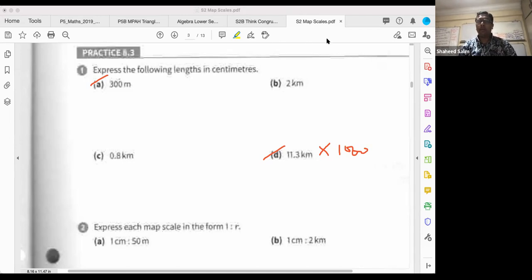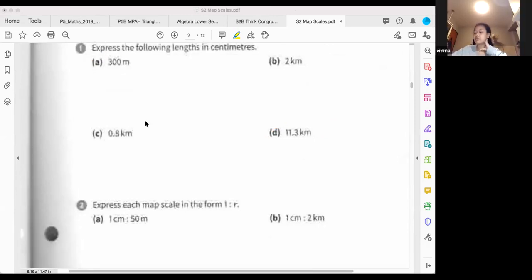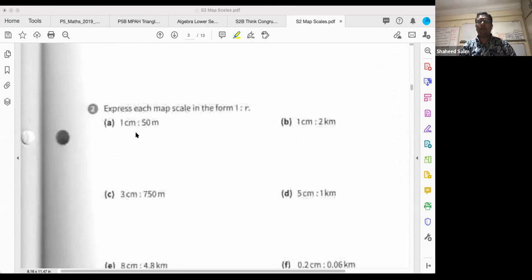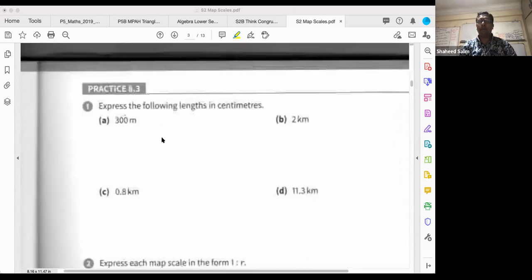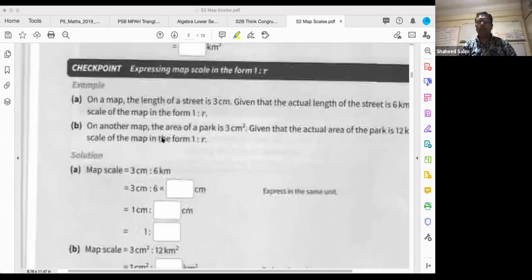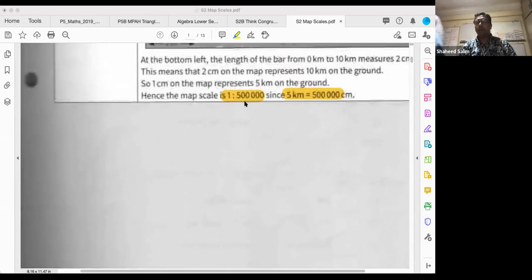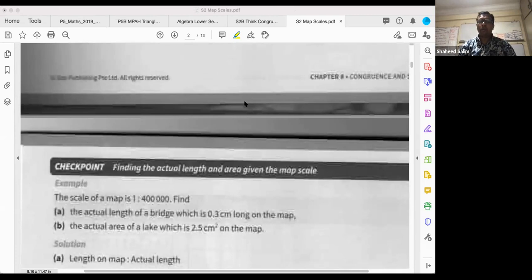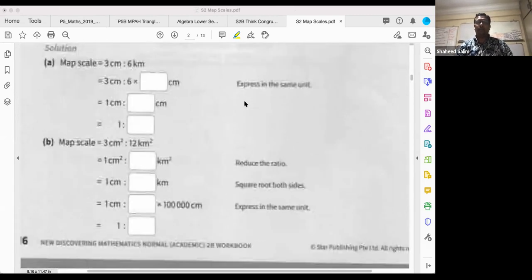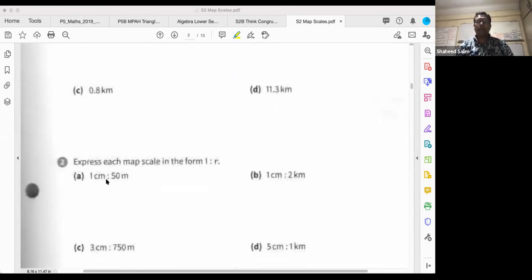The next one, they want you to change this into the format of 1 is to something, as I showed you earlier, without units. When it's without units, it means cm is to cm.